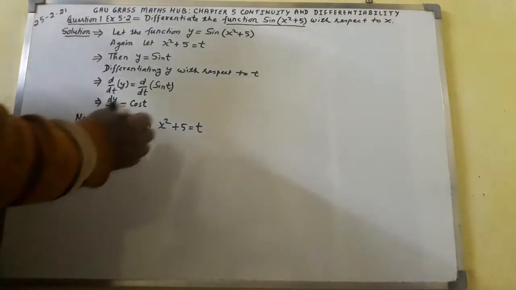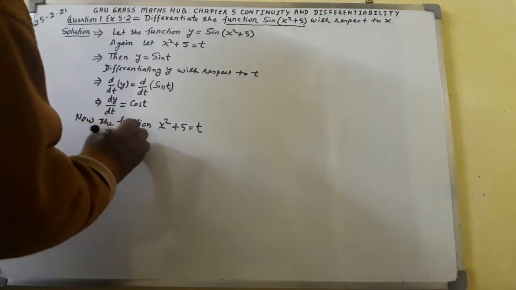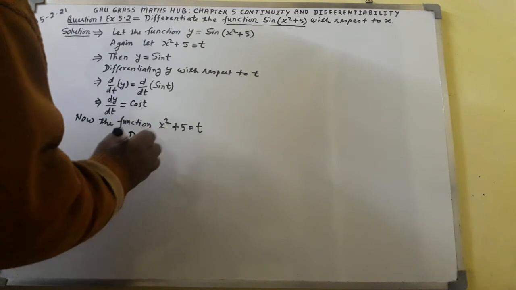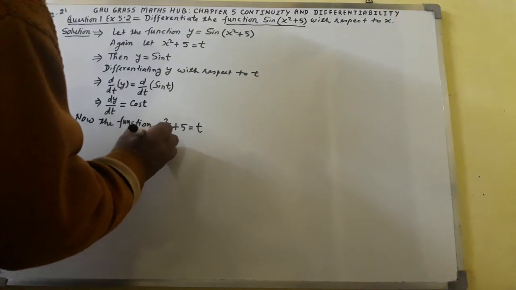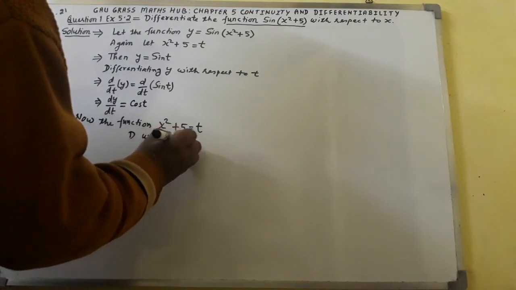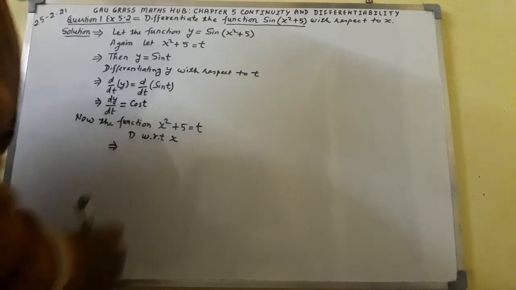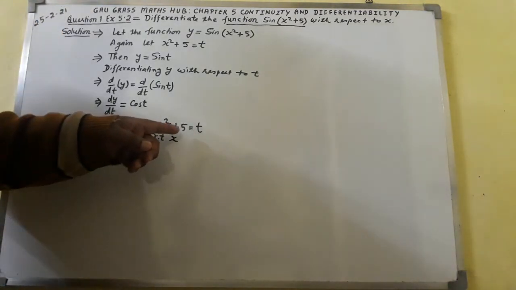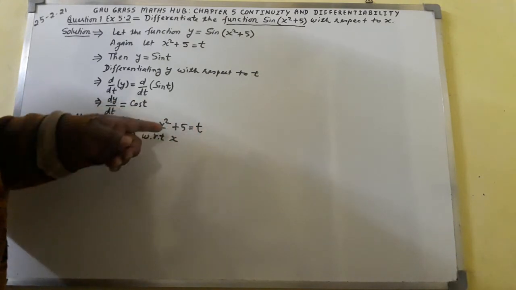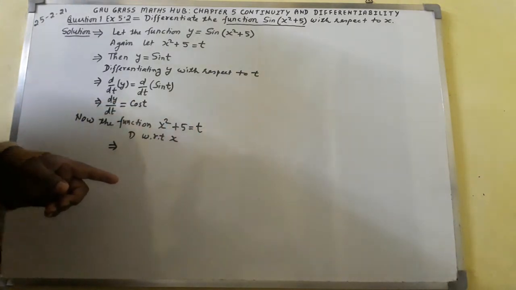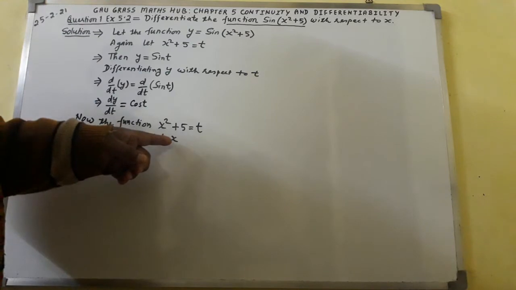This function x square plus 5 equal to t will be differentiated with respect to x.